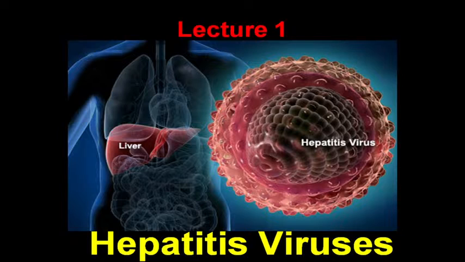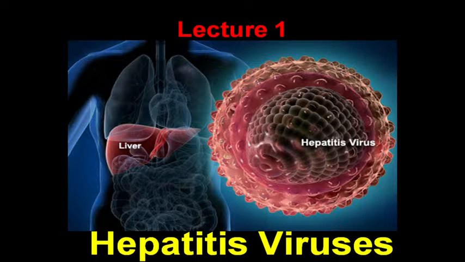viruses. We have studied already some of the hepatitis viruses, hepatitis A and hepatitis E, and these are those that can be transmitted through the gastrointestinal tract. So they are called enteric hepatitis viruses.